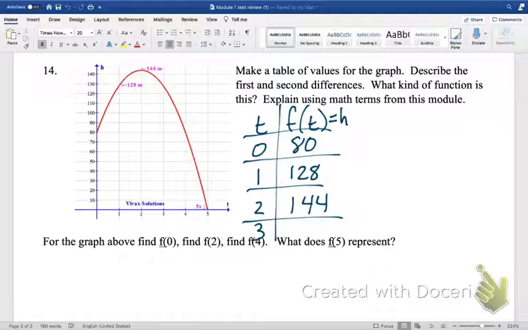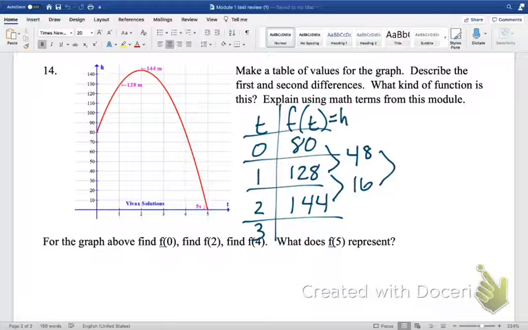So describe the first and second differences. Well, the first and second differences can be found here. Difference of 48 and then 16. So the first common difference is not common at all, which tells me that I need to go to a second difference.